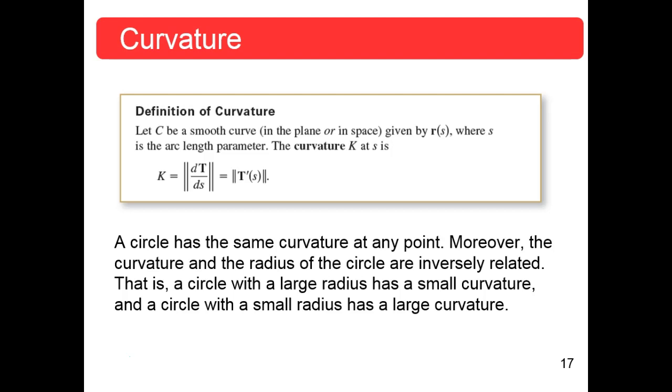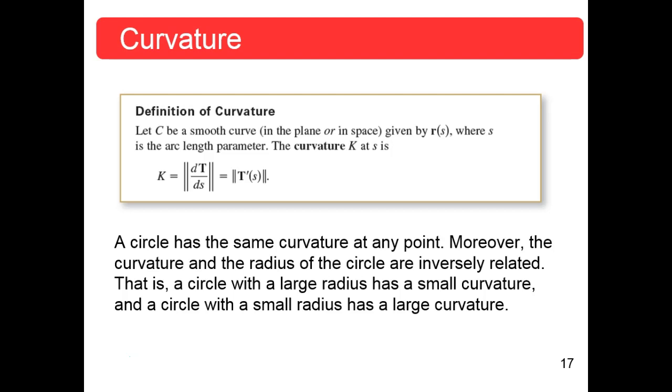Now, think about a circle. A circle has the same curvature everywhere, okay? Same curvature at any point, because its unit tangent vector is changing the same amount per unit arc length anywhere. Moreover, the curvature and the radius of the circle are inversely related.